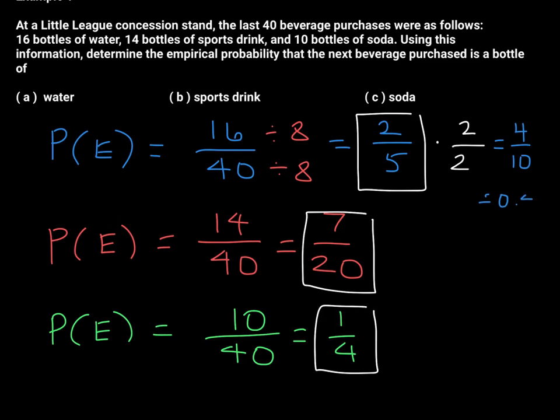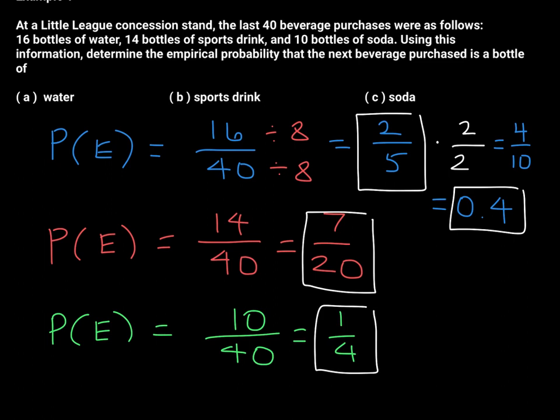Let me see if I can rewrite this better. All right, so 0.4 is 2/5, but written as a decimal, okay?